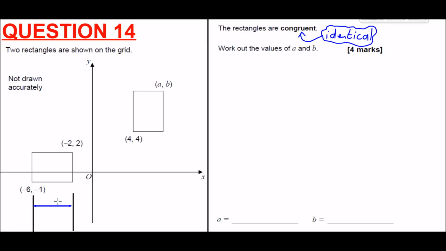From -6 all the way to -2, how much is x changed by? The difference between two numbers we can work out by doing one subtracted by the other. And so hopefully you could maybe even count that it's going to be 4: -6, -5, -4, -3, -2. There's a difference of 4 between -2 and -6.